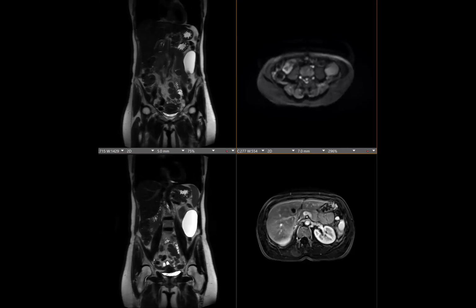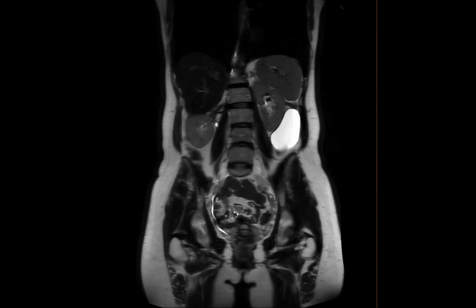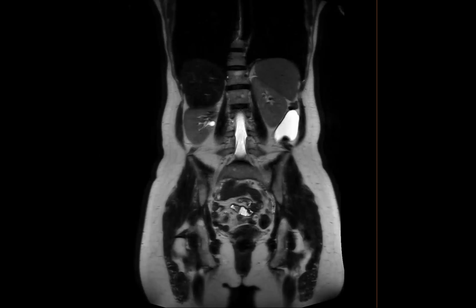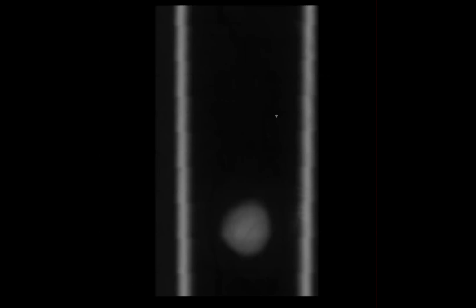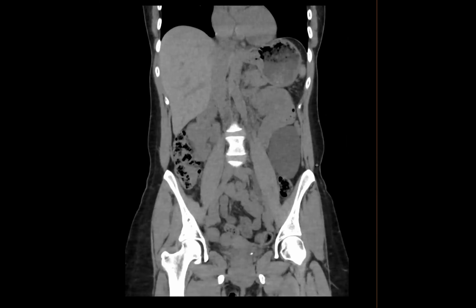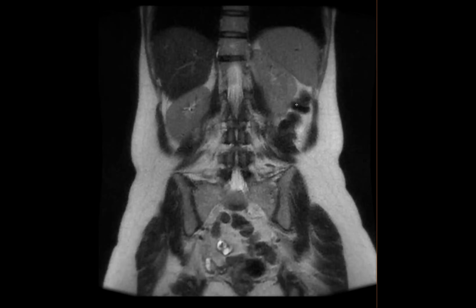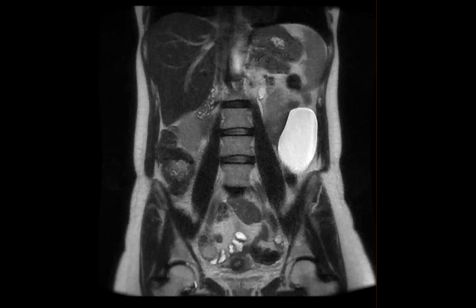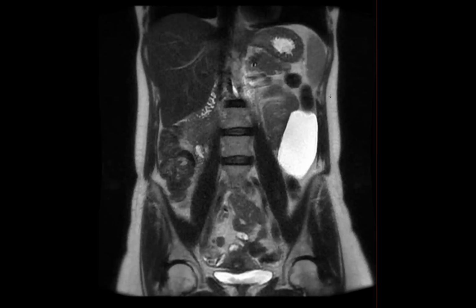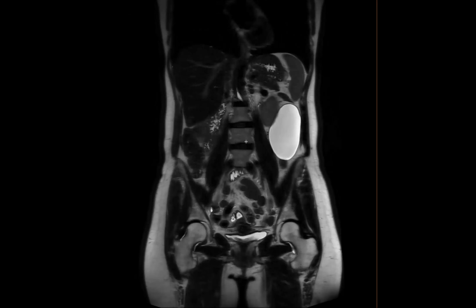This is a patient with a left-sided cyst that was seen on CT, and this was 1 year prior to the MR. The patient got characterized with an MR shortly after that CT, and then a year later got another MR. And this is what that MR looks like a year later.